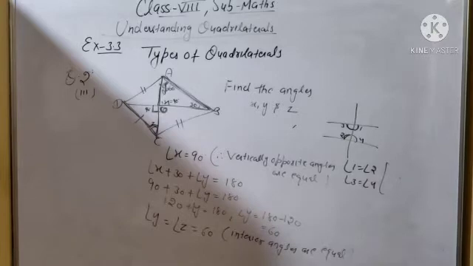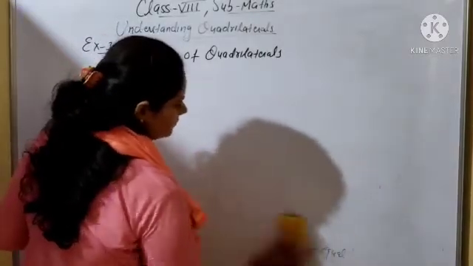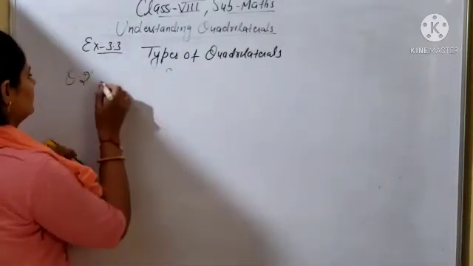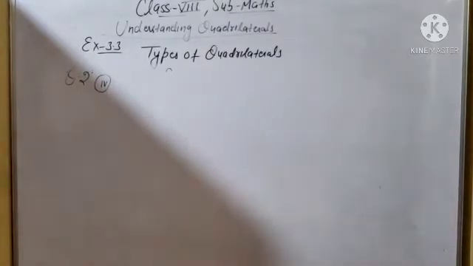Okay, now next part. Fourth part, beta. A parallelogram is given again, and you have to find x, y and z. This type of question you have already done, beta.